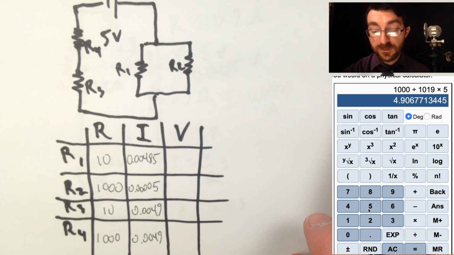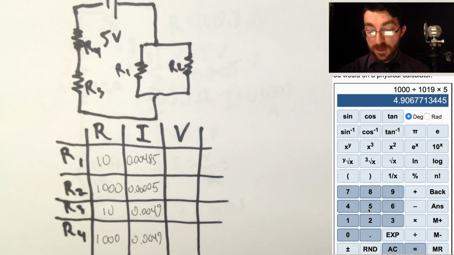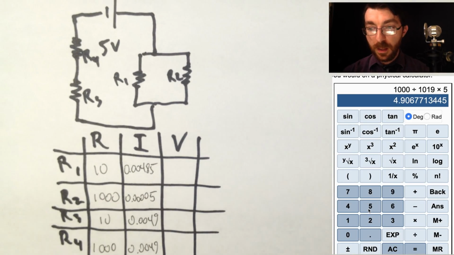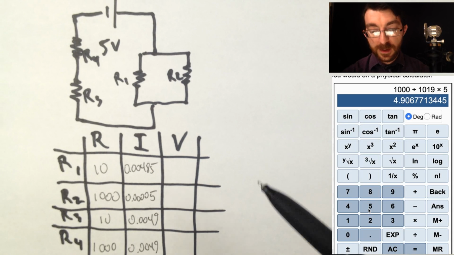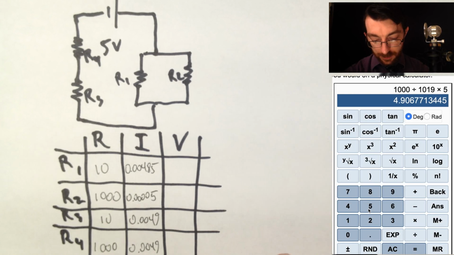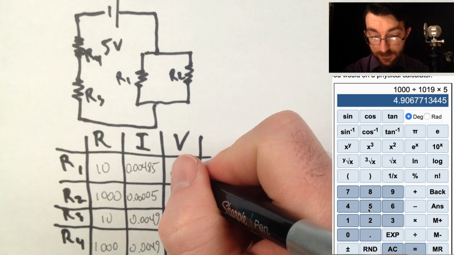As far as voltage goes, the voltage that got dropped is different for this group, but it's the same within the group. And that would have been 0.0485.